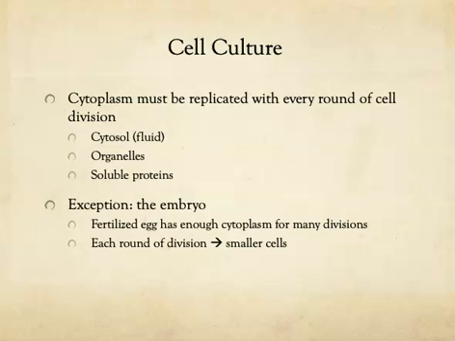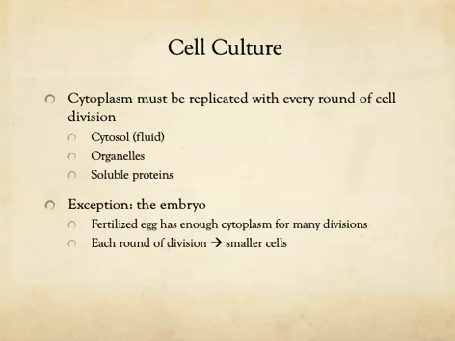That means all of the cytoplasm and its contents, the cytosol, the actual fluid, all of the organelles in the cytoplasm, all of the proteins and other molecules that are dissolved in the cytoplasm, all of it has to be replicated during G1 and G2.